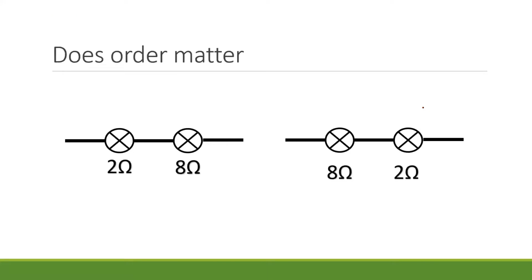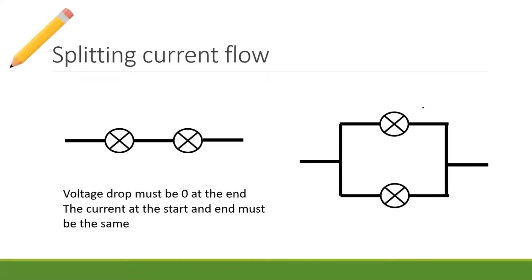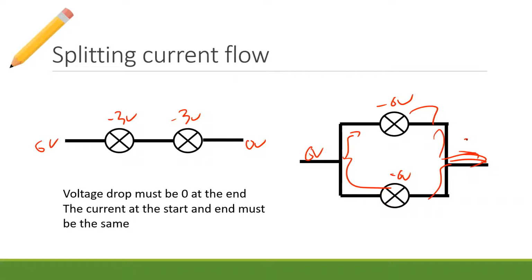Because in a series circuit you'll end up dropping, say, 3 volts and 3 volts for a 6-volt start. But for a parallel circuit, because you're starting with 6 volts and splitting, you'll lose 6 volts here, you'll lose 6 volts here, and then ultimately at the end you'll have 0 volts. So these are brighter because they're losing more voltage.